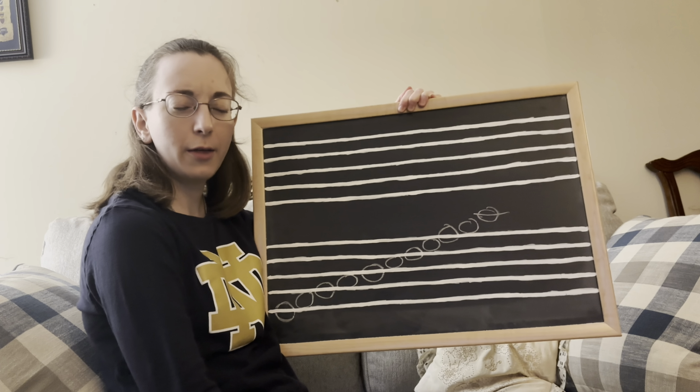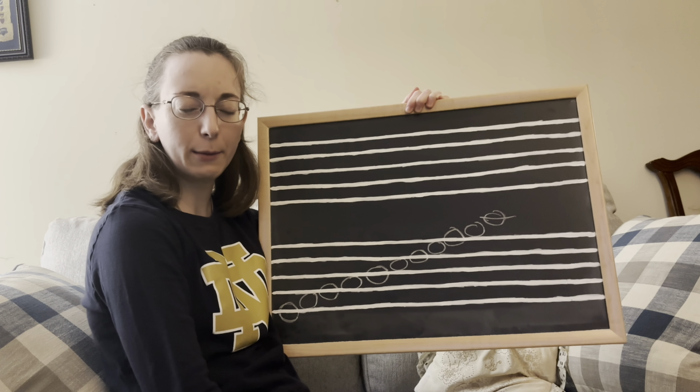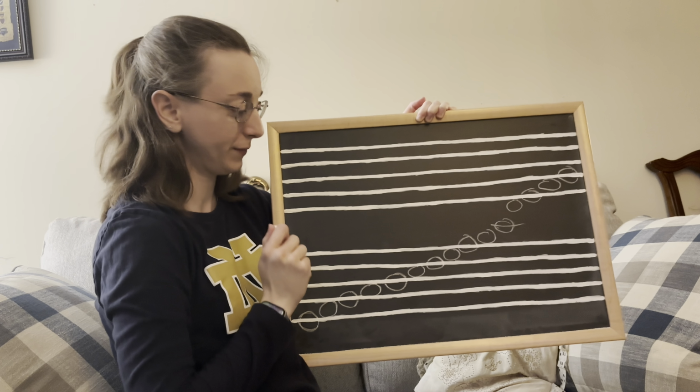Erg. Another disclaimer. I painted these staff lines myself. I'm not an artist. And as straight as I tried to make them, it didn't work. So this middle C is a little low, but it's going to then be D, E, F, G, and so on, all the way up.